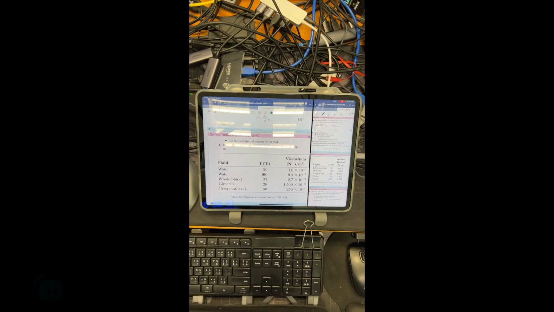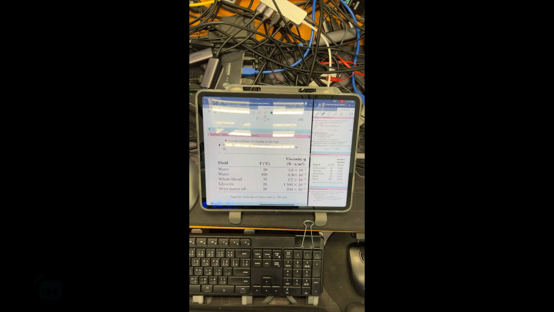And if you make the water hot, like 100 degrees Celsius, you would have 0.3 times 10 to the negative 3. You can see this 0.3 is less than 1.0. When you increase the temperature of water from 20 to 100, you would have less surface tension too. And do you know the reason behind it?